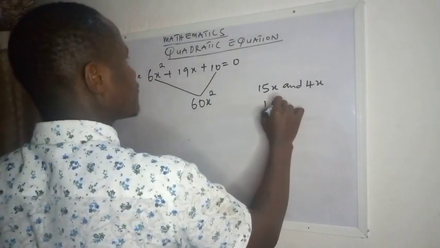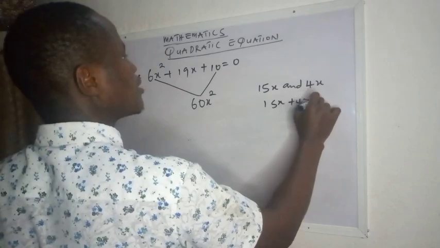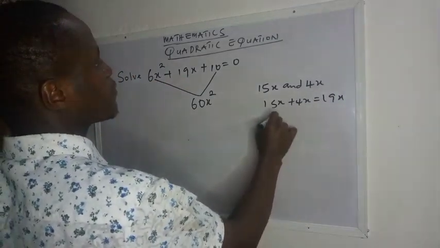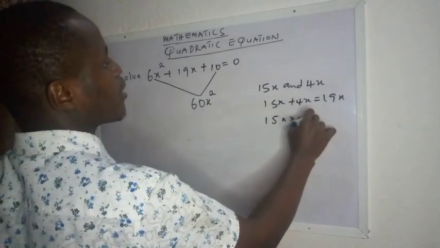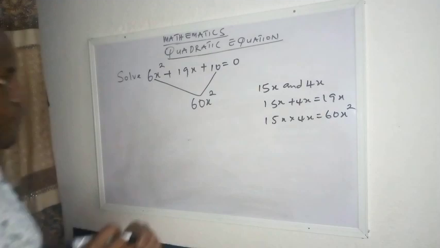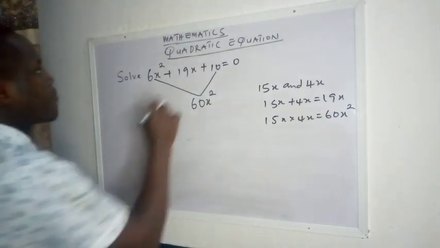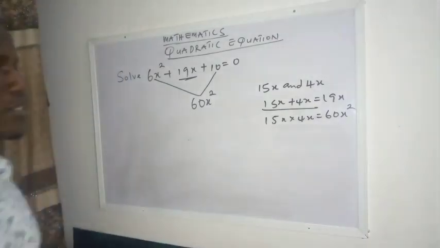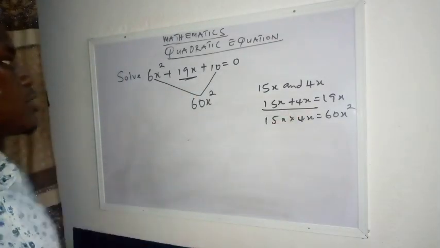Because 15x plus 4x is equal to 19x, and 15x times 4x is equal to 60x squared. So in place of 19x, we're going to put the factors.